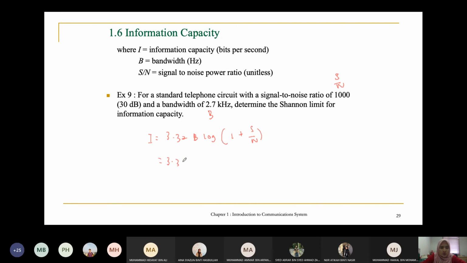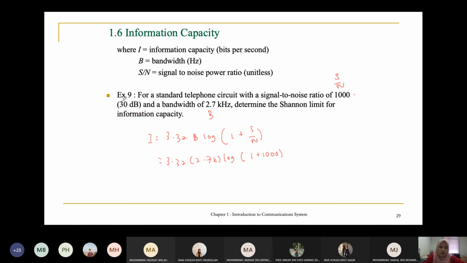So 3.32, bandwidth 2.7K, log of 1 plus, for the signal to noise ratio, you must make sure that you use the absolute value, 1000. Even though this question gives you both the absolute value and the value in dB, for this equation you must use the absolute value, so 1000.